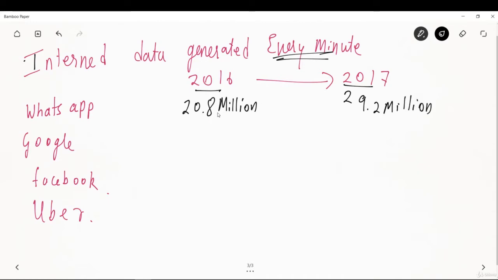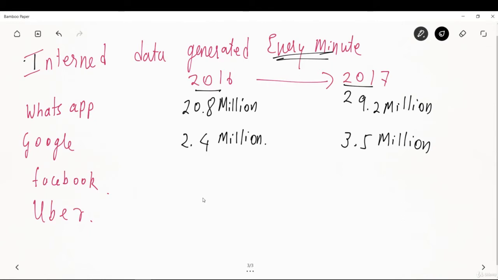So we can see that from 20 million approx, it went to 30 million. Similarly, for Google, the number of searches done every minute was 2.4 million. So 2.4 million search queries were run every minute in 2016. That increased to 3.5 million search queries every minute.